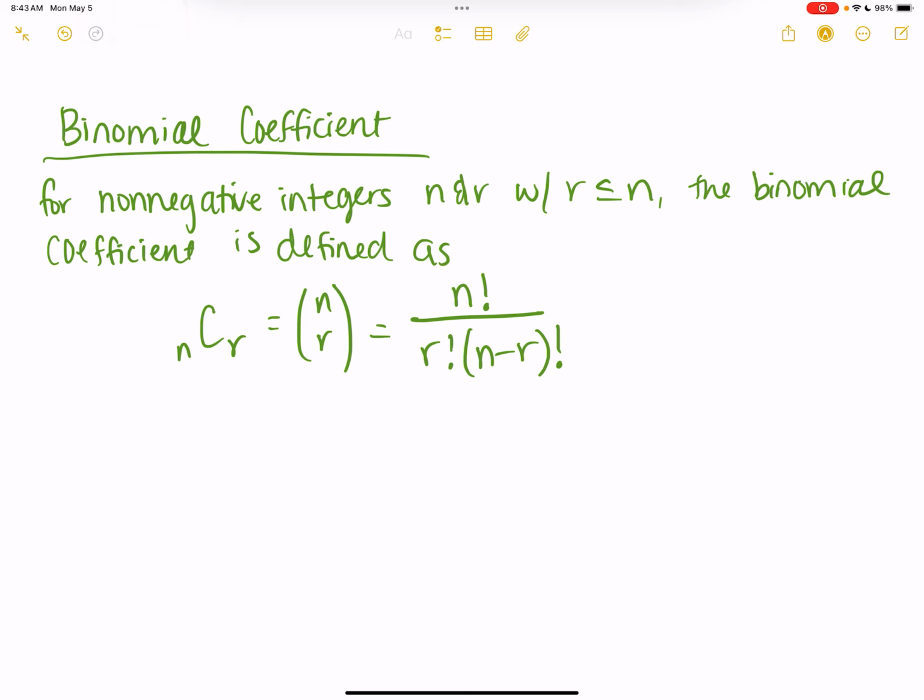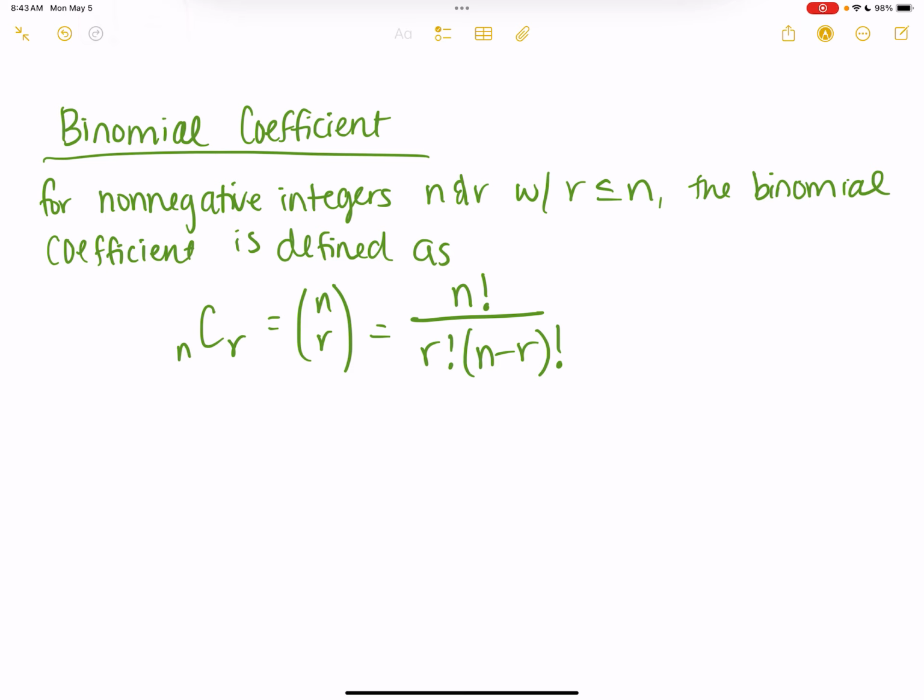So on mine, if I click this, mine does not give me little boxes to type the numbers in. So it's taking the most recent thing that I had, or I can type over it. So if I had, let's say, 7 things and I want them 3 at a time, this is how many possible ways that can happen. There are 35 different ways that I can have 7 things taken 3 at a time.